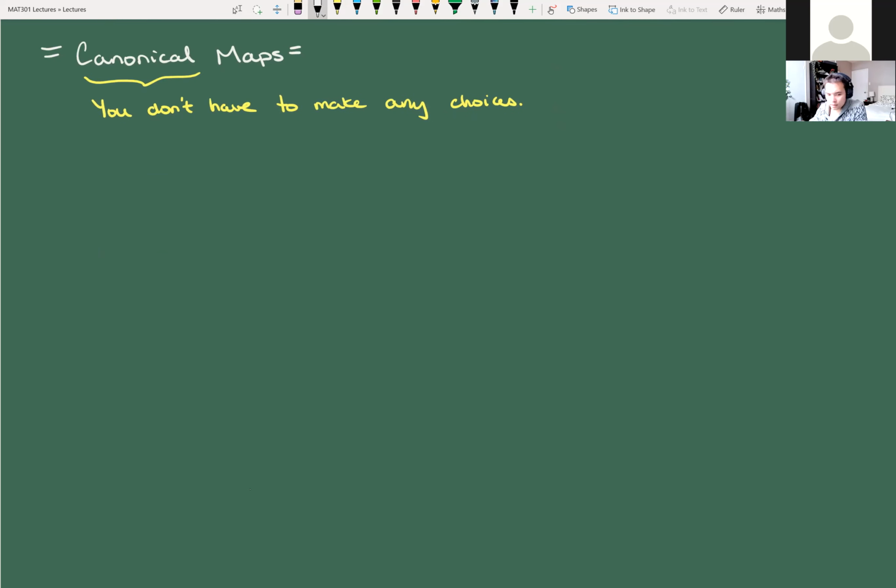I'm going to define them for a product of two things, but obviously you can generalize this as much as you want. Let's focus on what's going on when we multiply two groups. Let G and H be two groups, and let G plus H be their product. We have the canonical maps, which are called the projection maps.